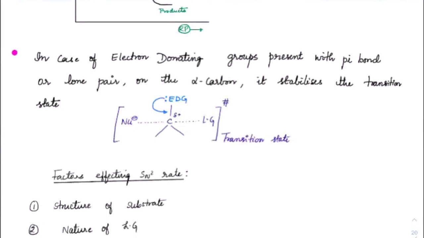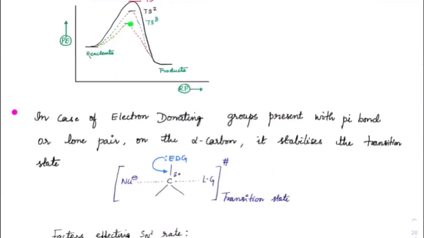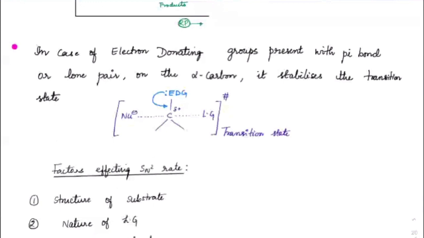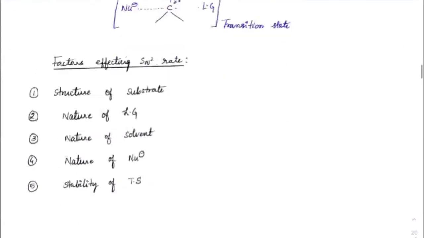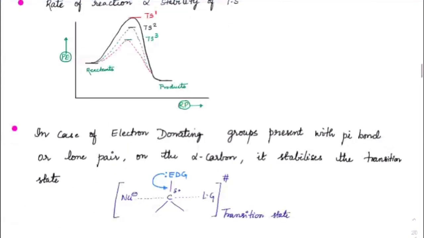So that is the new route it will take, a path with the lowest energy transition state, and that increases the rate drastically for SN2. We will see those cases. That is the first thing you need to understand, based on transition state.